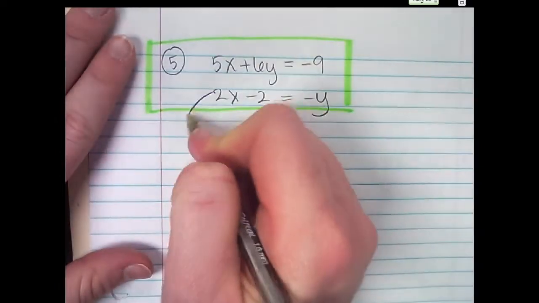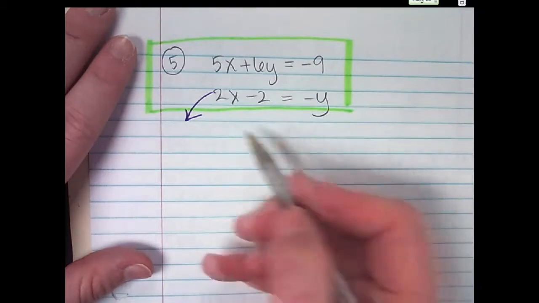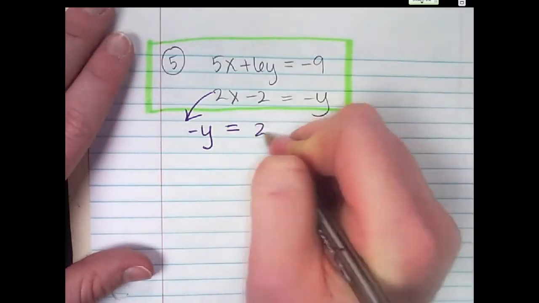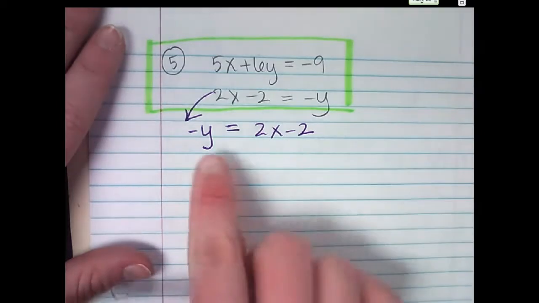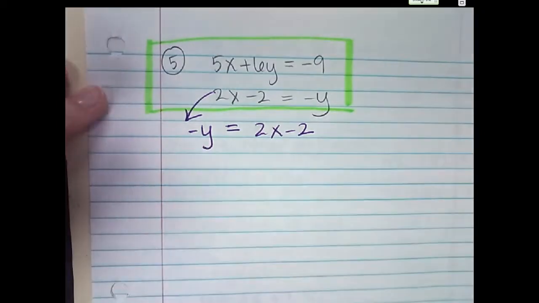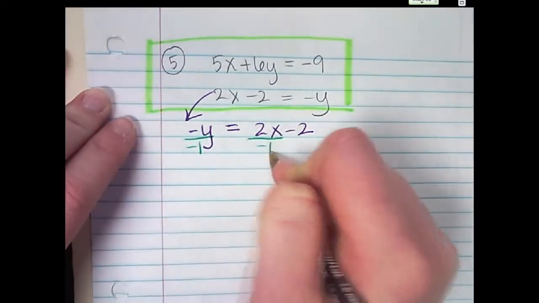So I'm going to take this equation and I'm just going to flip the sides. I'm not flipping signs yet. I'm just switching. So I'm going to put the negative y on the left, and I'm going to put 2x minus 2 on the right. Just because it's what you're used to seeing. But this still has to be a positive y. So how do I get rid of that negative? Perfect. Divide by -1 on everything.